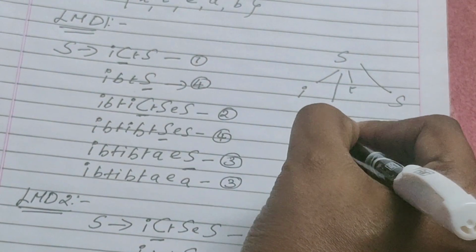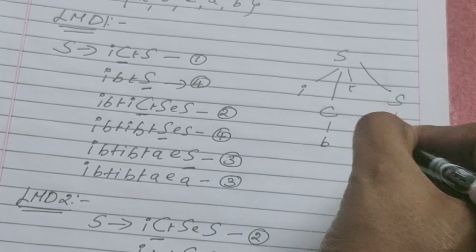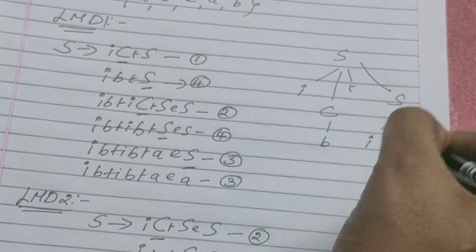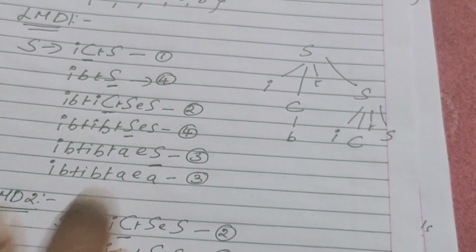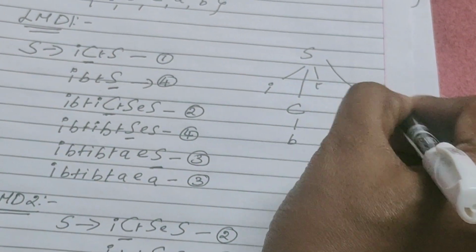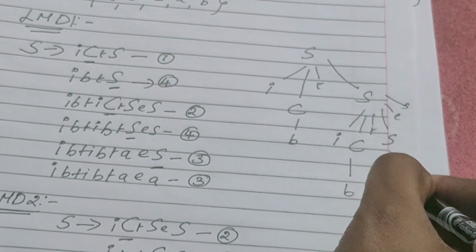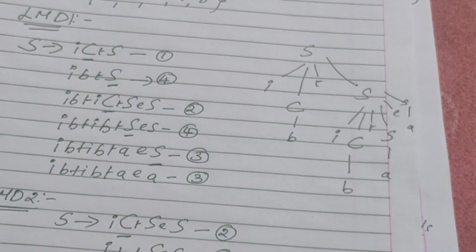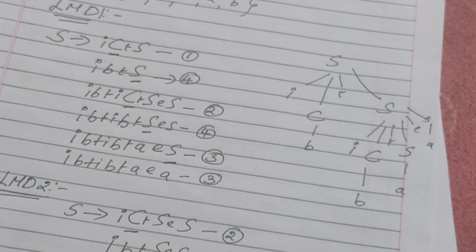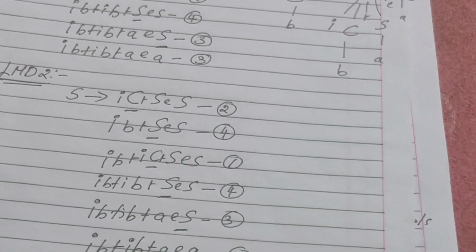Then this C is replaced by B. Then this S is further replaced by ICTSES. Then this C is replaced by B, then this S is replaced by A, and finally this S is also replaced by A.